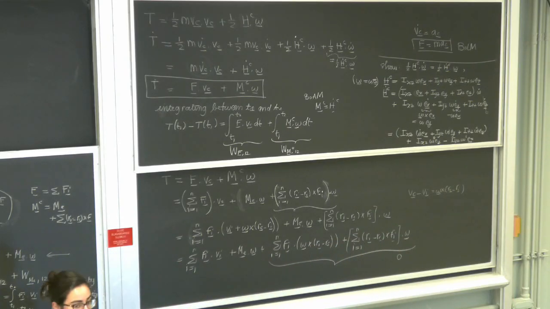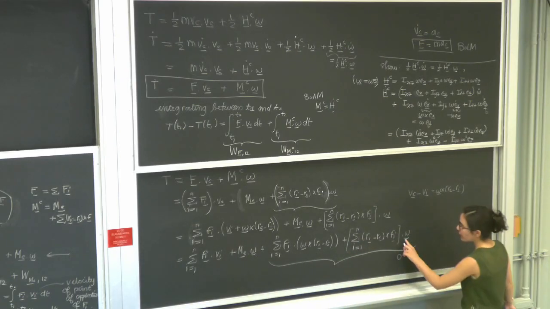If you did the permutation in reverse order, you'll get a negative on that last term. So let's see, we can use the identities. This omega, I can bring it inside.